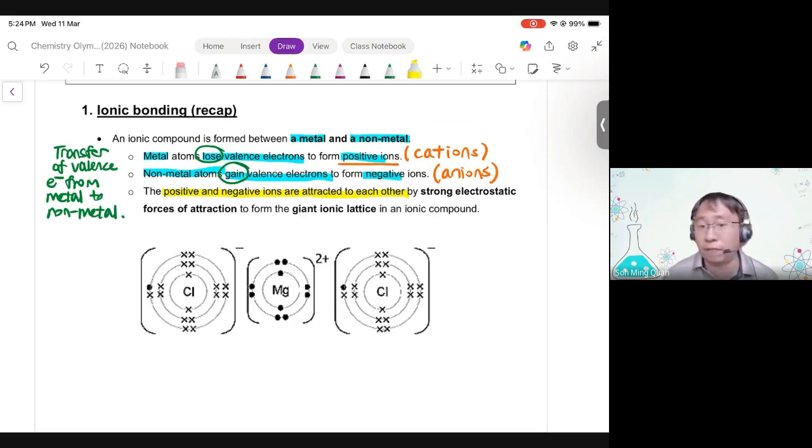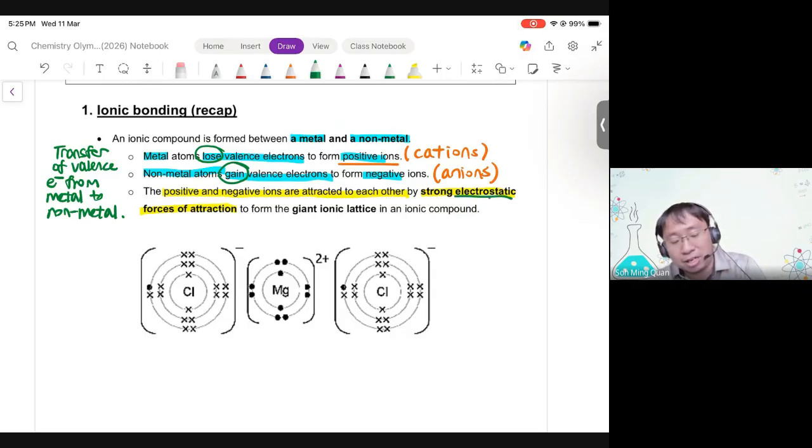Now, this force of attraction has a name. It is just like how you learn in physics. Forces can be frictional force, gravitational force, and so on, right? So, the force of attraction between oppositely charged particles is called electrostatic forces of attraction. So, these are the strong electrostatic forces of attraction.